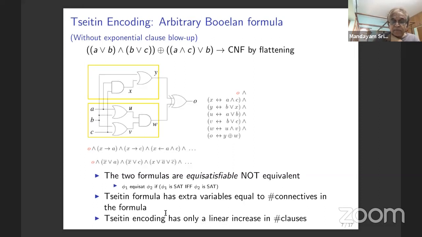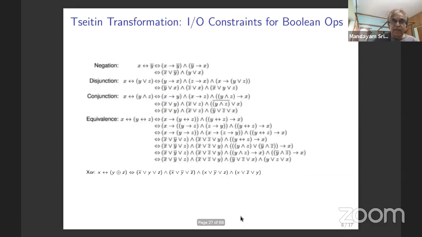And since we have to convert each Boolean operator that appears into CNF form, the number of clauses it adds is also linear in the number of connectives, the Boolean operators that appear.